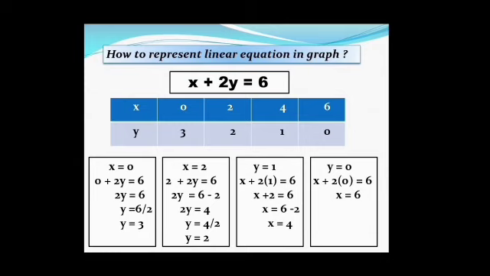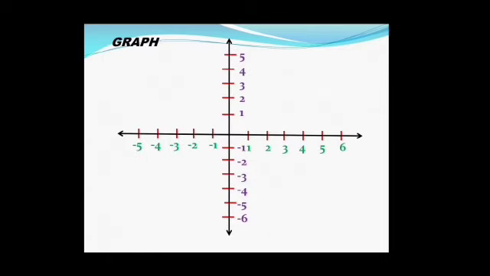Now we will represent all these points on graph as we learnt in chapter 3. This is the graph, and when we plot the points on this graph, after that we will get a straight line.